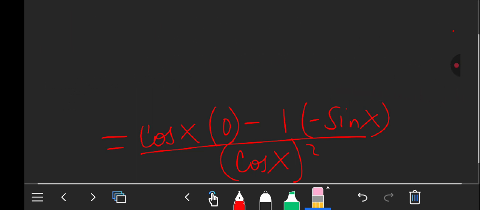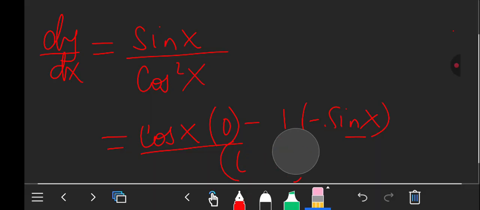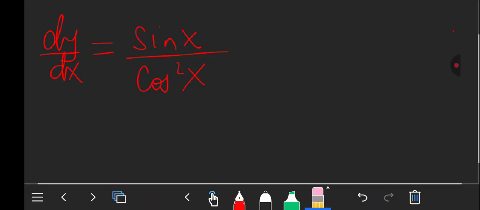So let's now find dy over dx. What is cos x multiplied by 0? It's just 0. Negative 1 multiplied by negative sin x is positive sin x, over cos square x. At this point we can simplify this to be sin x.